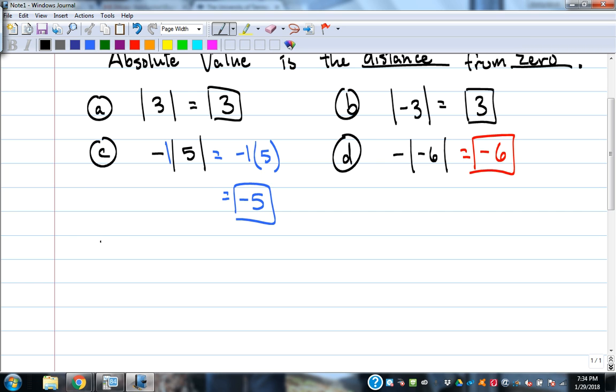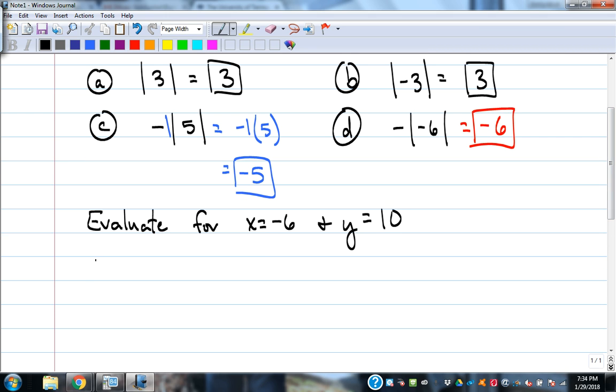And then the next thing would be to evaluate some expressions for x equals -6 and y equal to 10. So they're going to give us some expressions with variables in them, such as this, absolute value of 2x minus 3y, and say, evaluate that for x equals -6 and y equals 10. What do we do with the -6 and the 10?